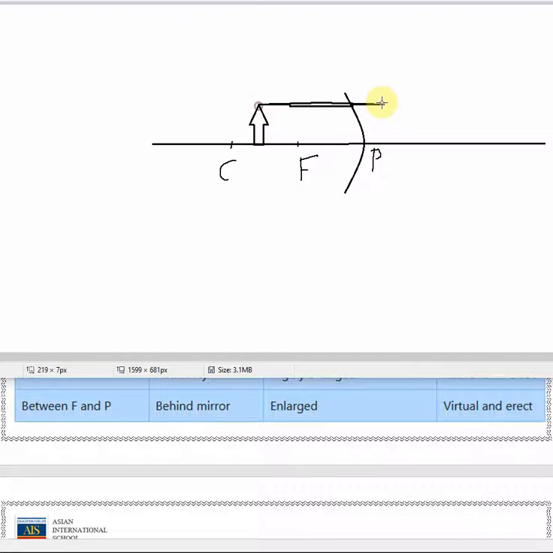Now the first light parallel to principal axis. Okay, first light parallel to principal axis, falling on it. Done. Second light at P.